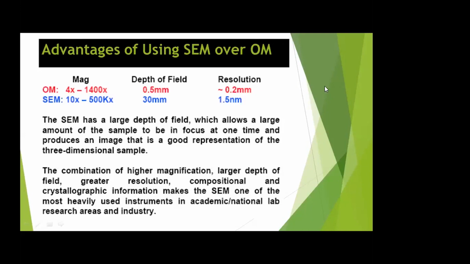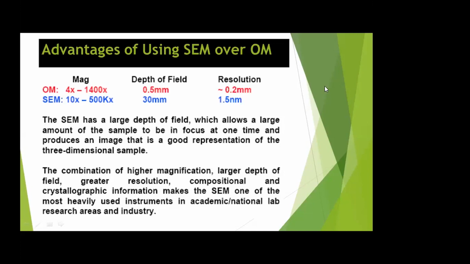When we compare the resolution, an optical microscope may have a resolution up to 0.2 millimeter, whereas a scanning electron microscope will give us the best resolution up to 1.5 nanometer. SEM has a large depth of field, which allows a large amount of the sample to be in focus at one time and produces an image that is a good presentation of the three-dimensional sample.